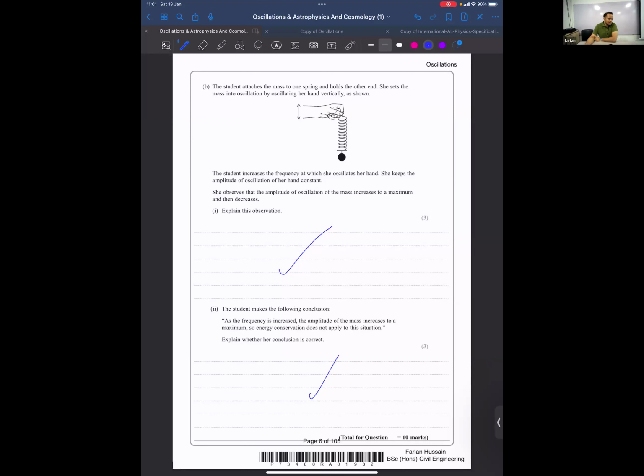When the frequency is increased, the energy transferred to the mass will increase, and the energy transferred to the surrounding will decrease.